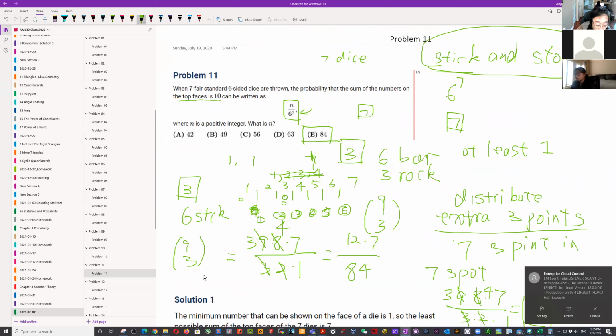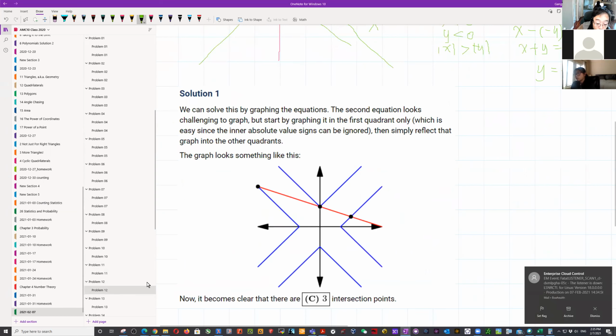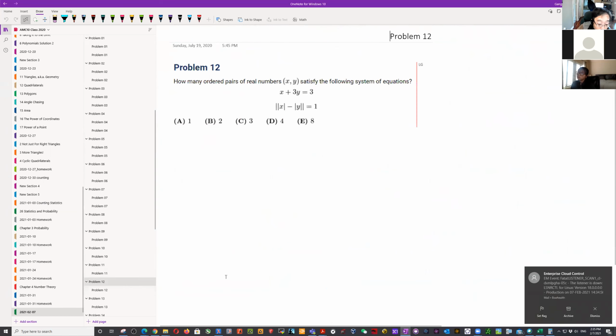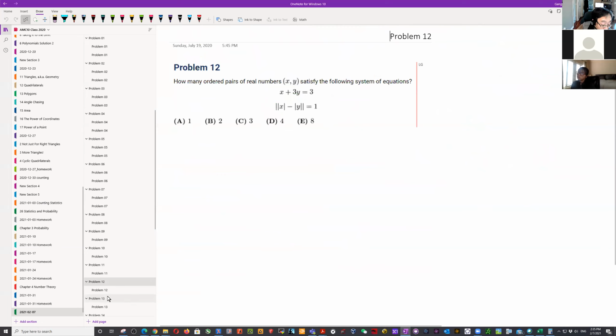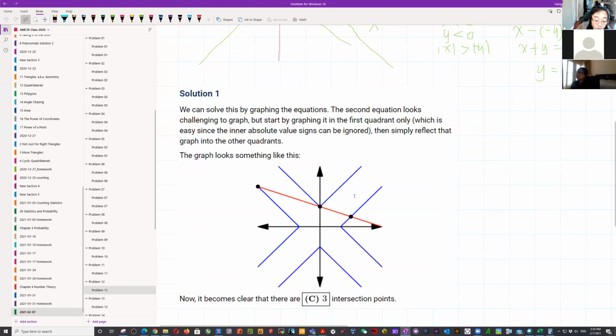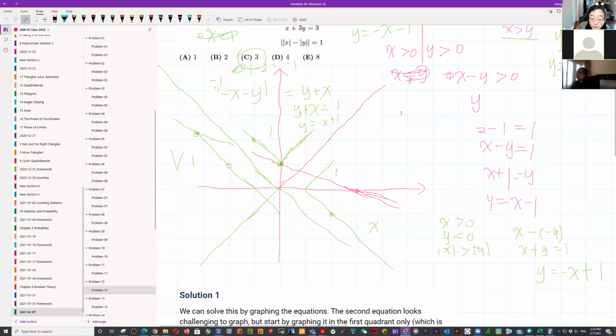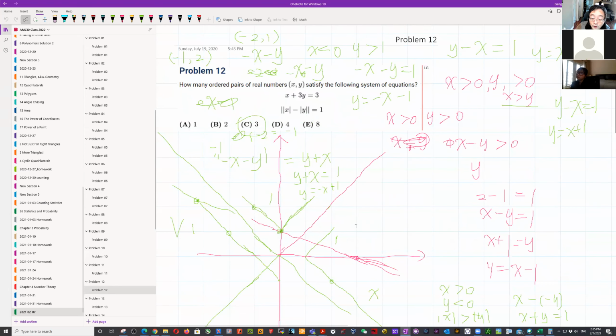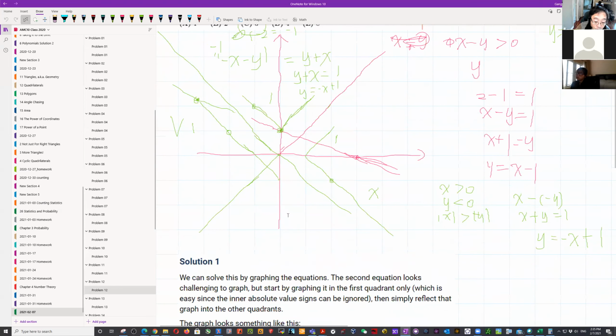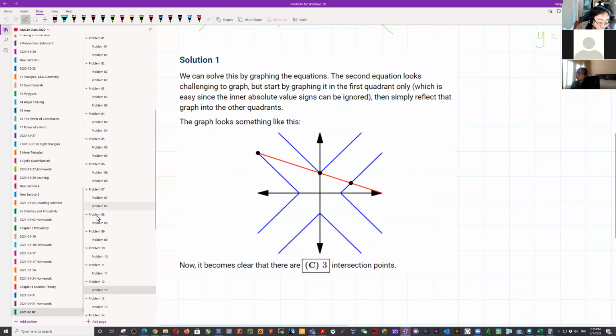So that's the advantage of using this method. And for this problem, I actually did all the problems without checking the answers and tried to check it. This problem is just a lot of drawing, basically.